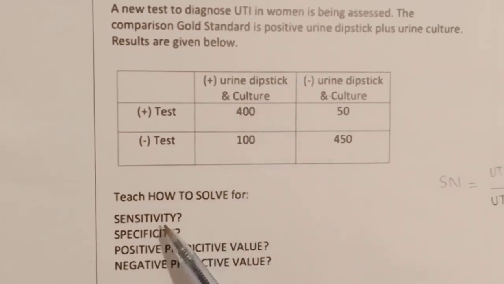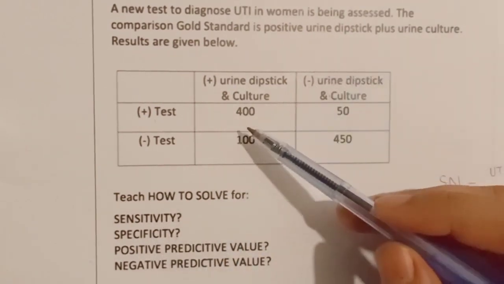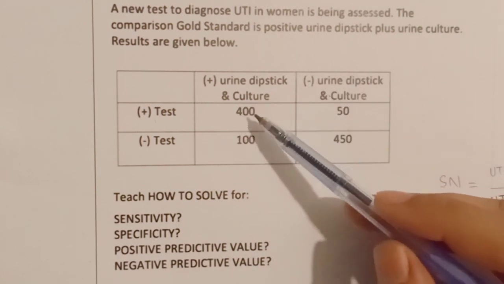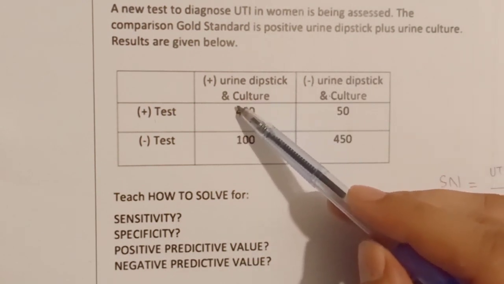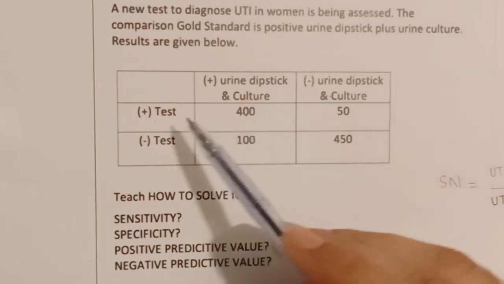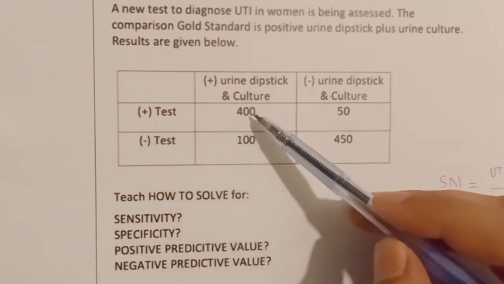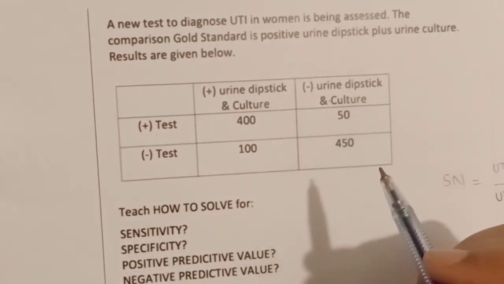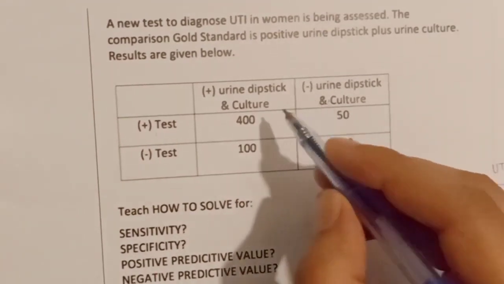Starting with sensitivity and specificity. First of all, sensitivity is the ability of the test to catch true positive patients. It means the gold standard is saying the patient has UTI and our test is also saying UTI. Let's label it as we did earlier.